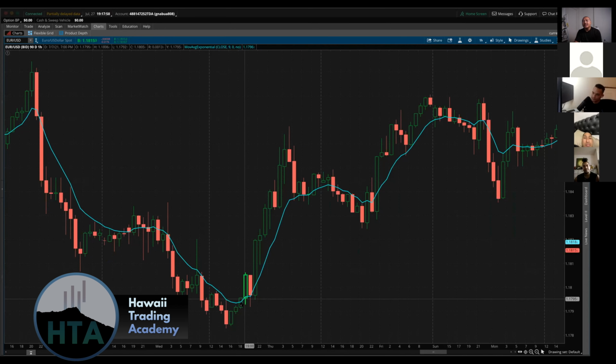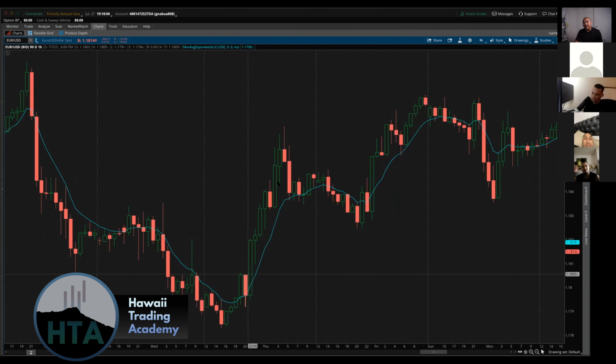It gives you a visual aid, and it reflects the price, right? So you've got the price, and now you're like, okay, how do we use it, Glenn? It's just a line on the chart, right?